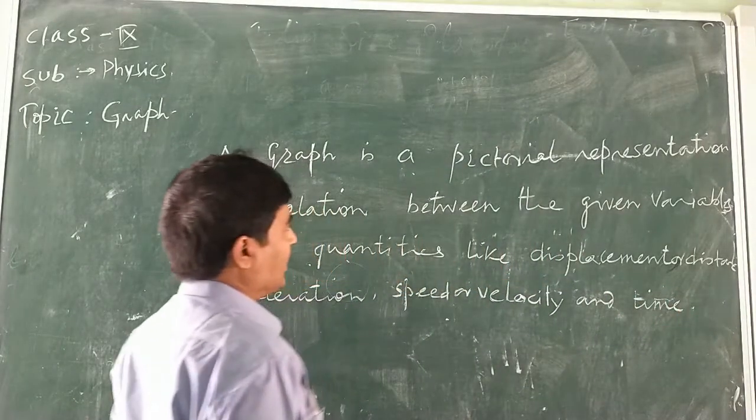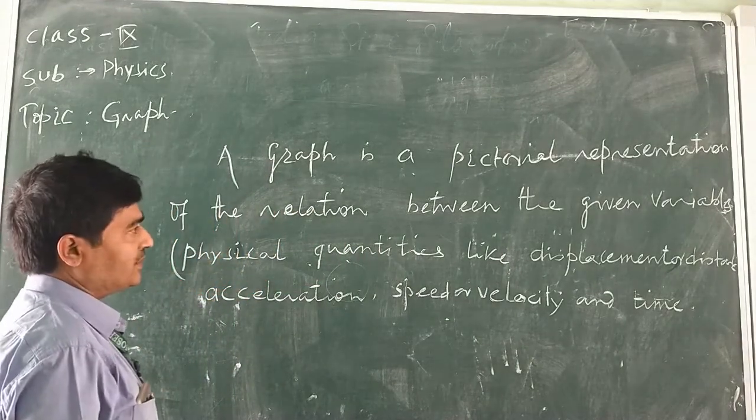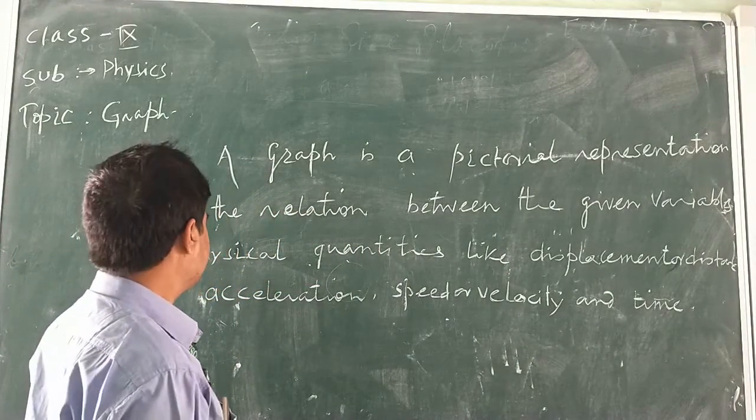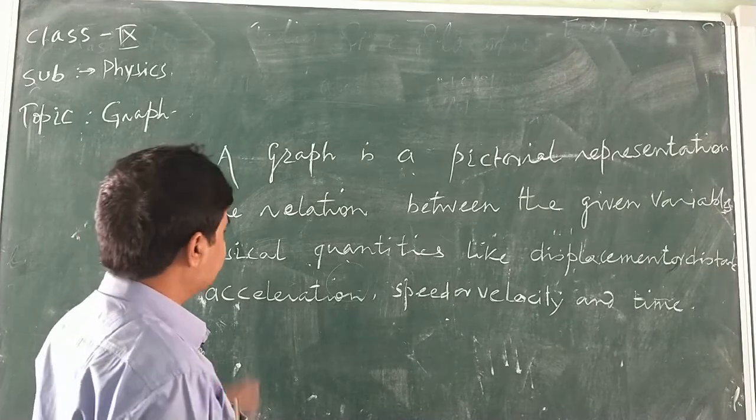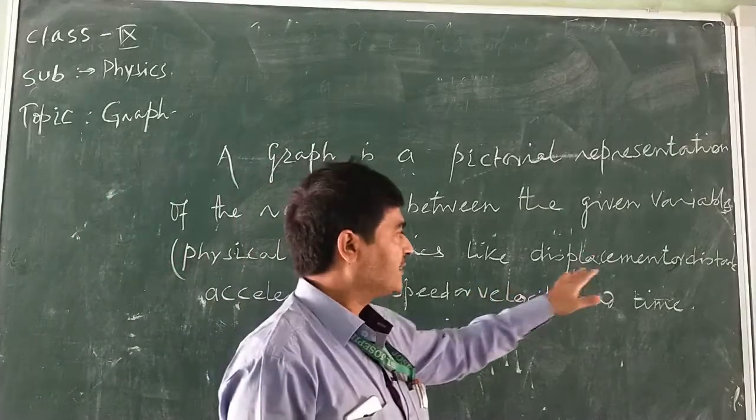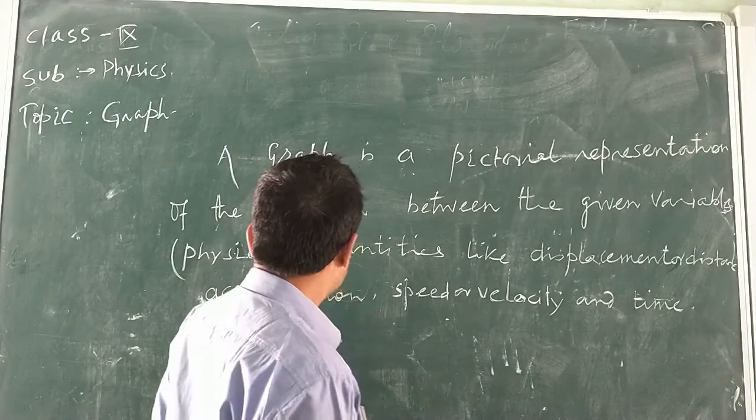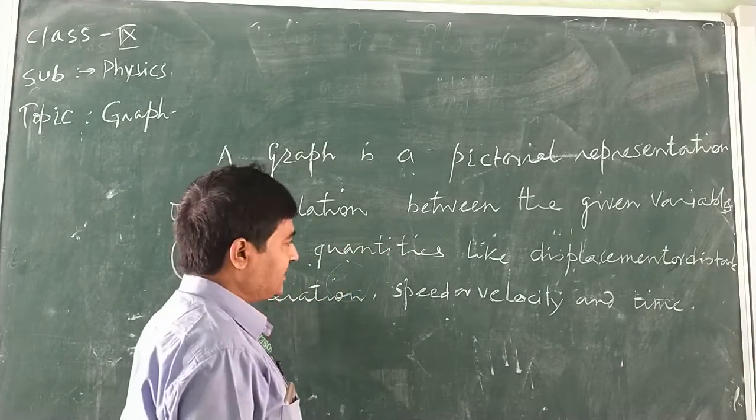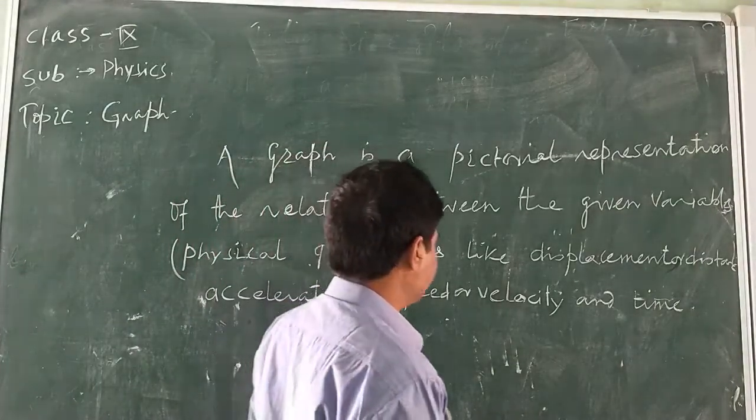A graph is a pictorial representation of the relation between the given variables. Variables means physical quantities like displacement or distance, speed or velocity, acceleration, and time.